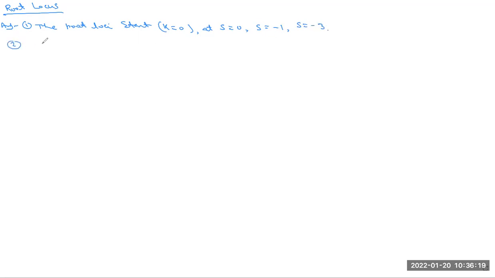Number two we discussed: as there is no open loop zero, the root loci terminate at infinity.